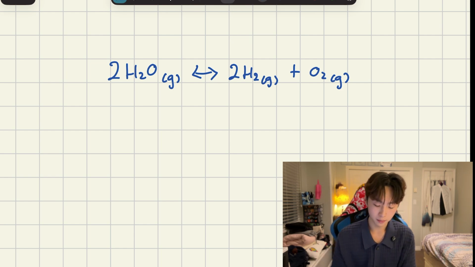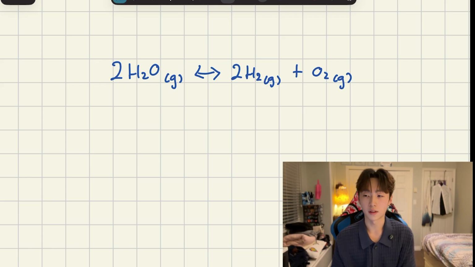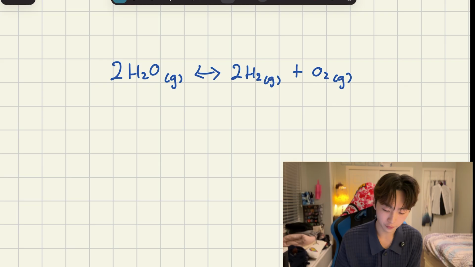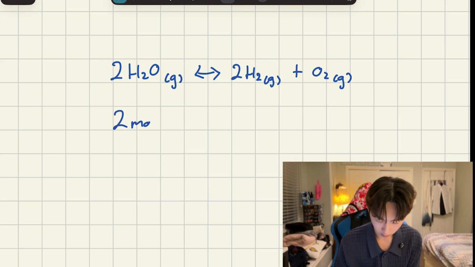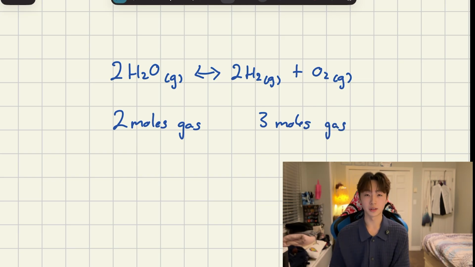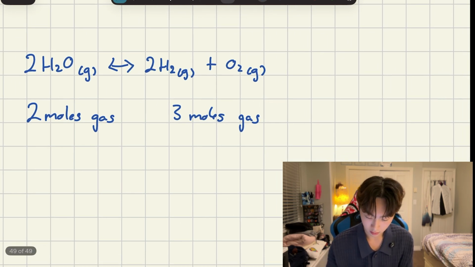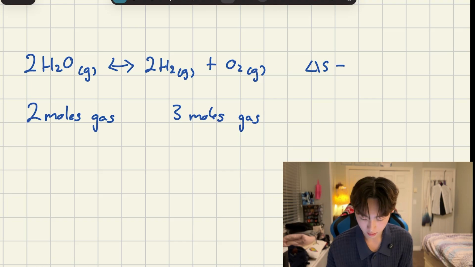So looking at this, the way to tell is to look at how many moles of each thing we have. So on the left side, we have 2 moles of gas. And on the right side, we have 3 moles of gas. So 3 is more than 2. So we know that going from reactants to products, you are achieving a higher level of entropy because more gas means more disorder. So in this case, delta S is positive.